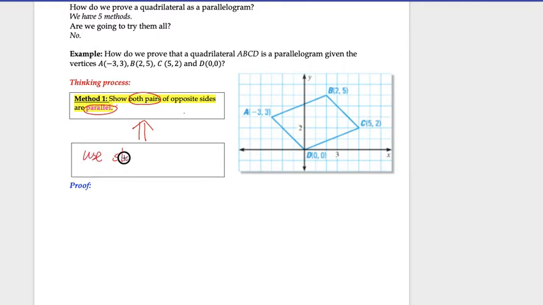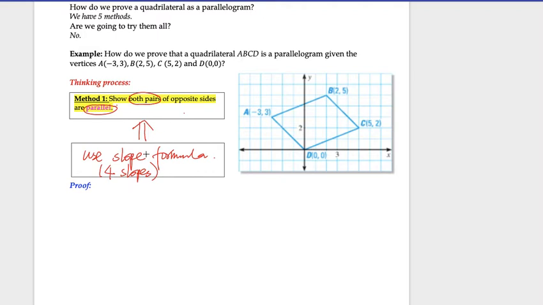Use the slope formula. And also remember, both pairs means 2 pairs. We need to prove this pair, and we also need to prove these pairs. So we actually need to find 4 individual slopes. So do not forget the amount of work we need to show.